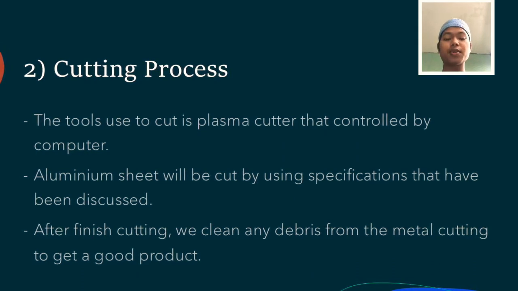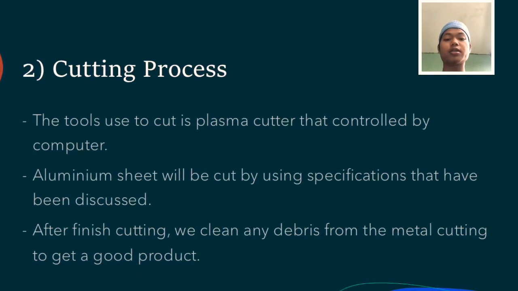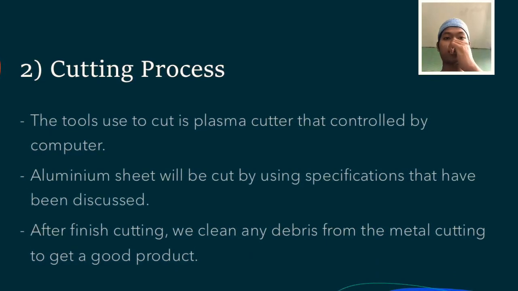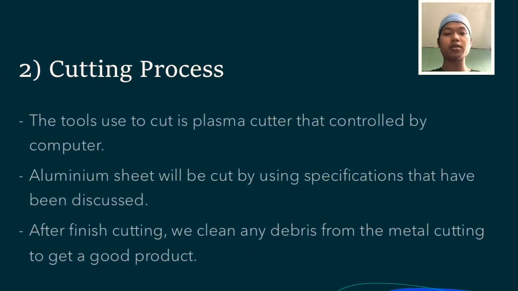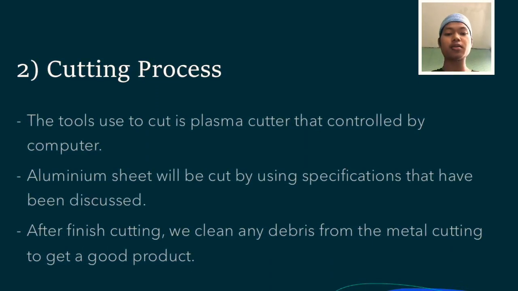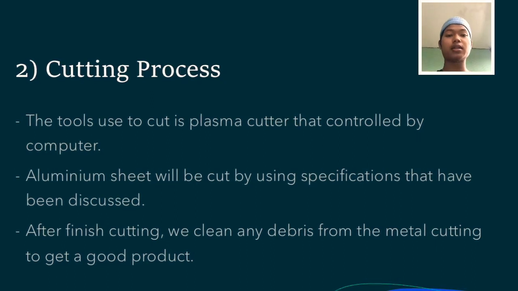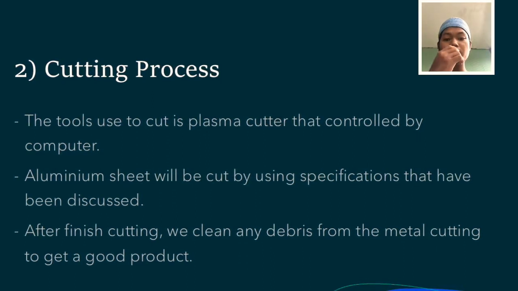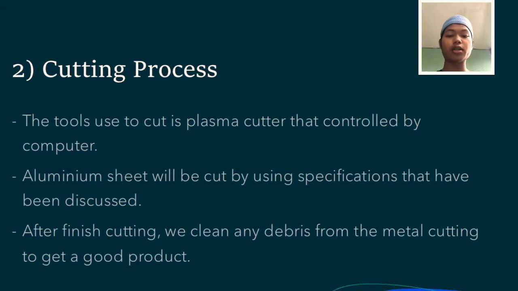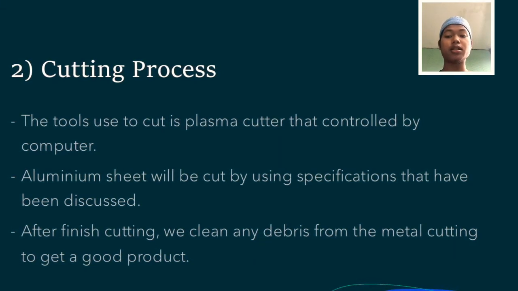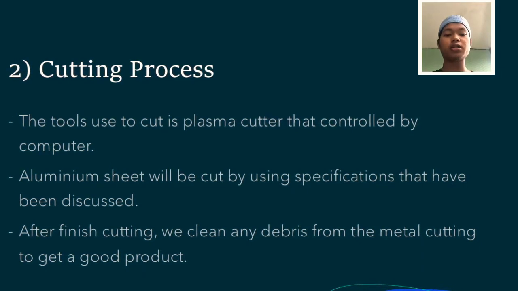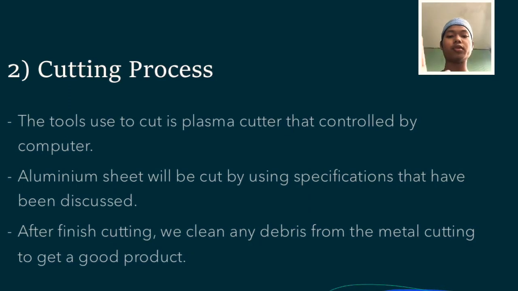Using the specification that has been discussed by our group, the plasma cutter will cut out a big rectangle shape and two round shapes of the aluminum sheet as a starting shape. The fuel tank that we want to make is a cylindrical tank. So the shape is one big rectangle shape and two round shapes for the sides.